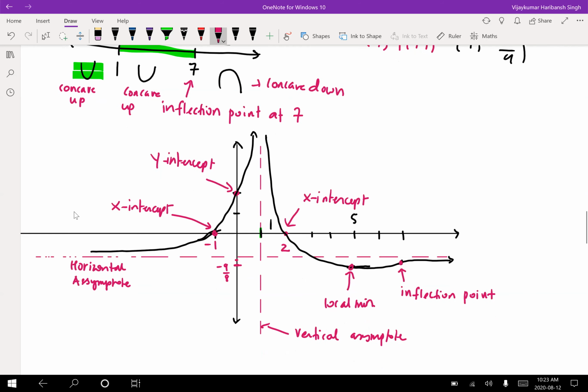So we have labeled all the points, and we should also give them the coordinates.